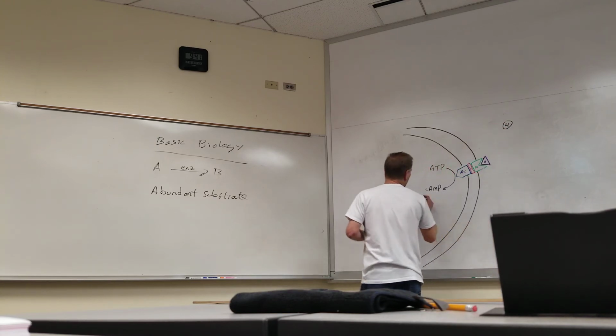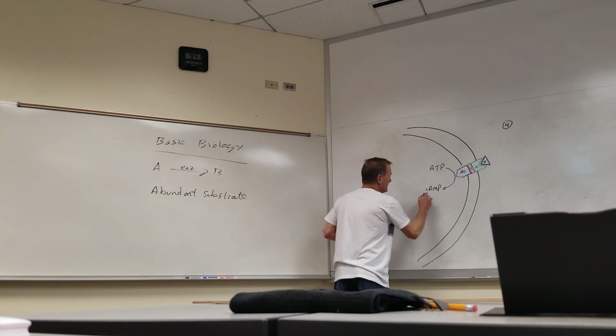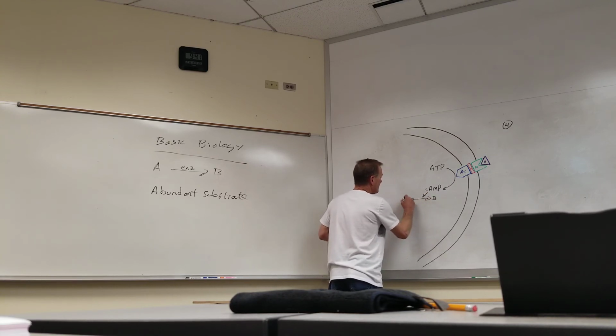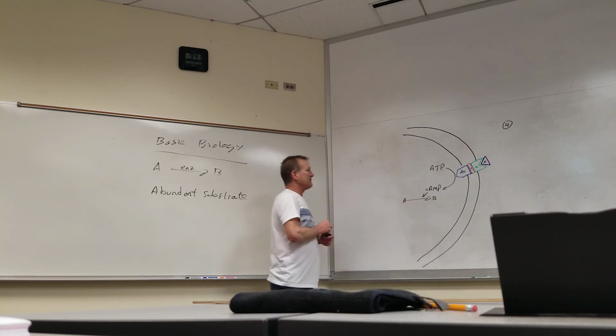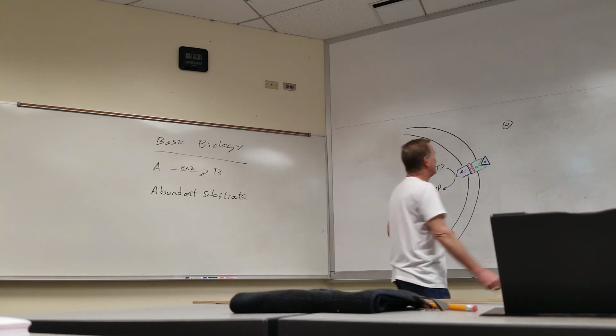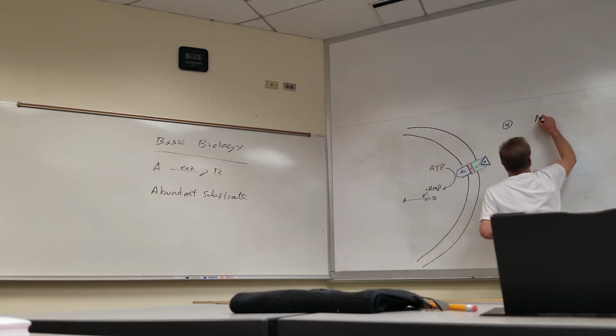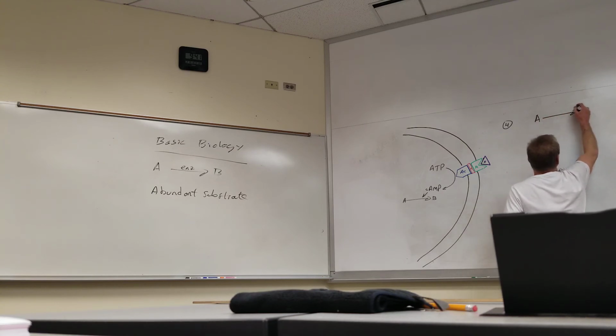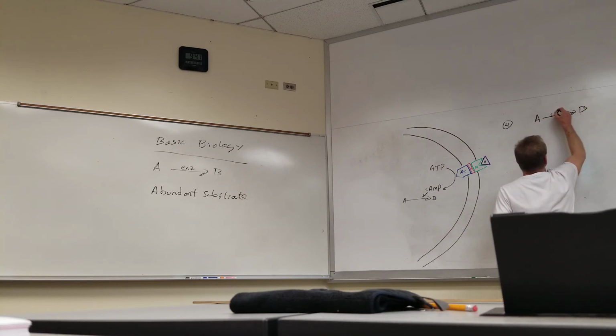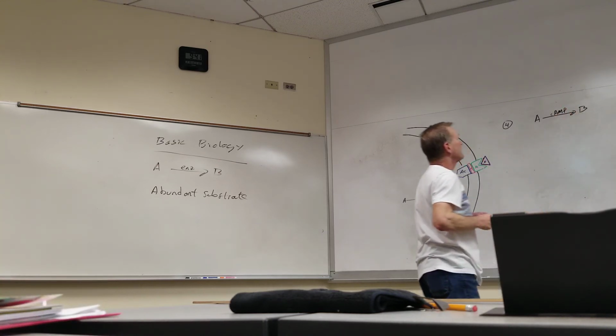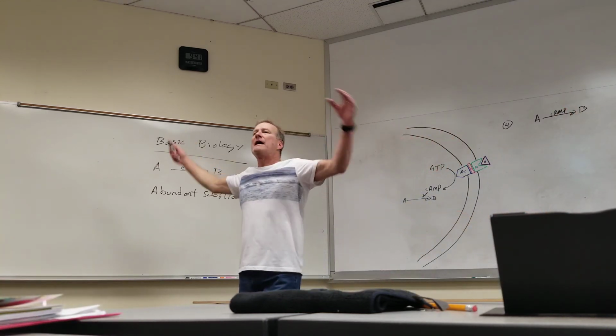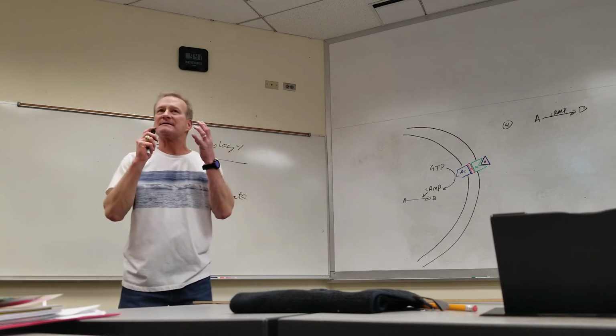So in step 4, cyclic AMP is going to convert A to B. There's all the A in the world, abundant substrate.